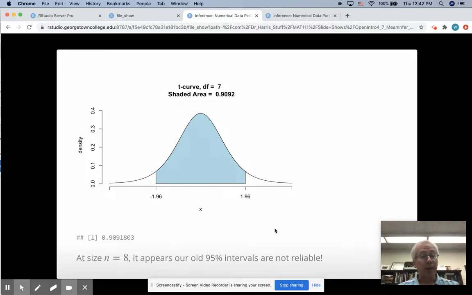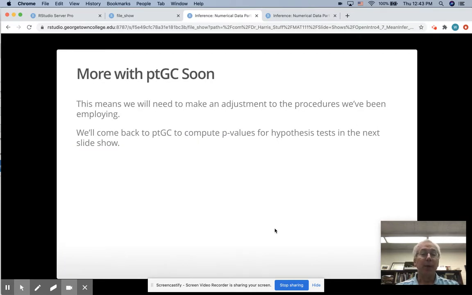So what are we going to do instead? Well, we're going to talk about that in the next slide. Clearly, we're going to need to do something. And we're going to say goodbye to PTGC for now. That will come up in our next slideshow when we start talking about p-values for hypothesis tests.